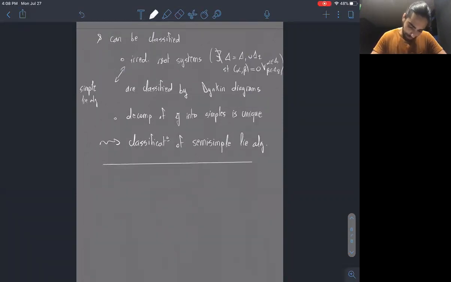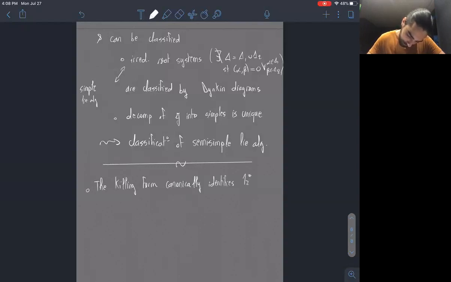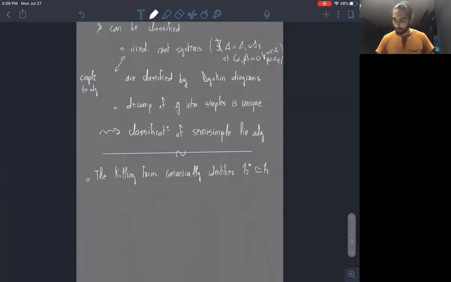So the first thing I want to mention is the Killing form canonically identifies this Cartan with its dual by sending an element through the functional defined.